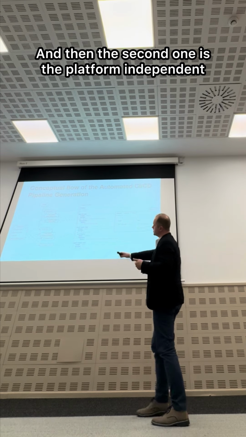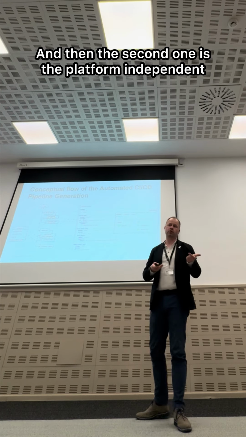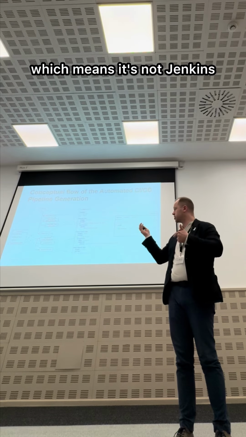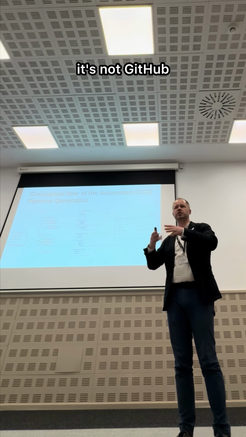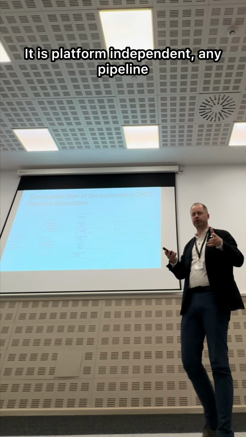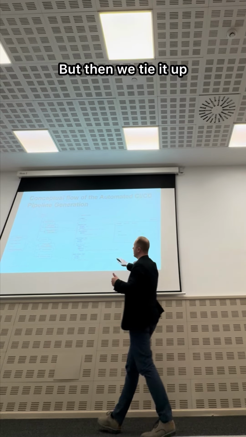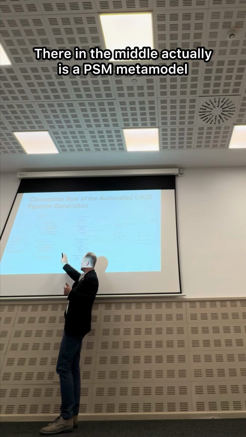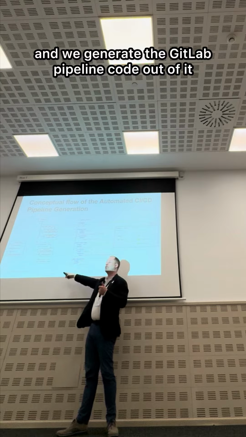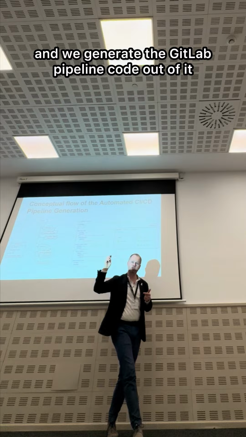And then the second one is the platform-independent model of a DevOps pipeline, which means it's not Jenkins, it's not GitLab, it's not GitHub. It is platform-independent, any pipeline. But then we tie it up. There in the middle actually is a PSM metamodel, which is for GitLab specifically, and we generate the GitLab pipeline code out of it.